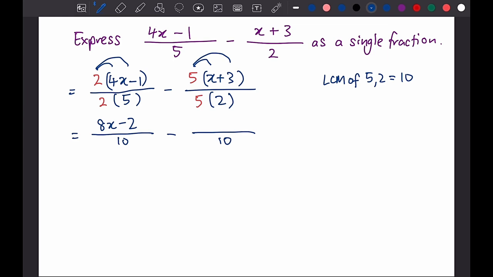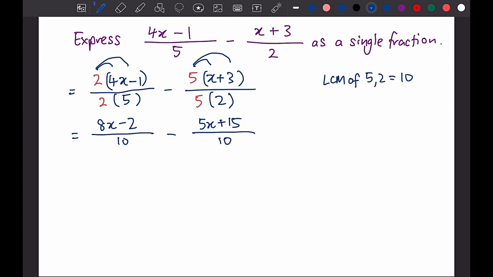So just a point of caution, there's a minus in between. For the advanced learner, you know what happens with that, but we will just ignore that for now. We're going to distribute in the 5, so 5 times x will be 5x. 5 times 3 will be a 15 with the plus there.